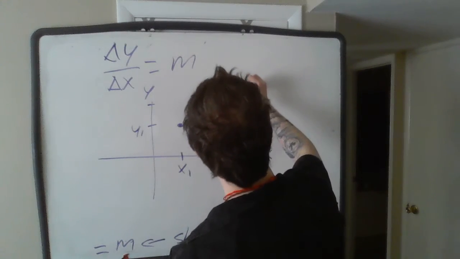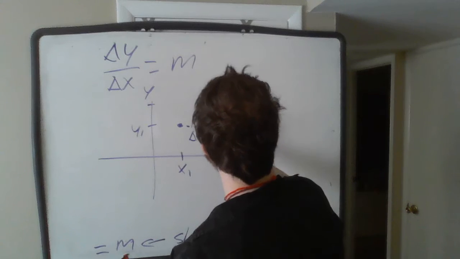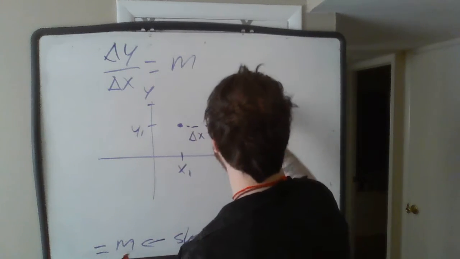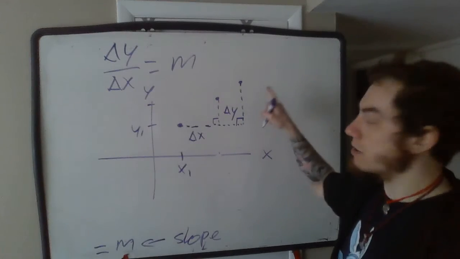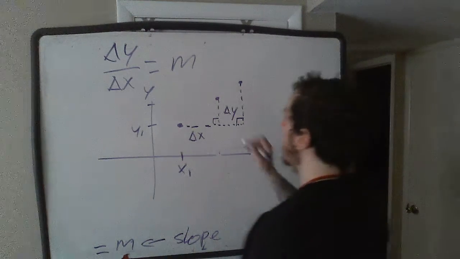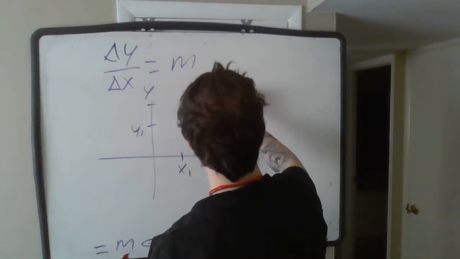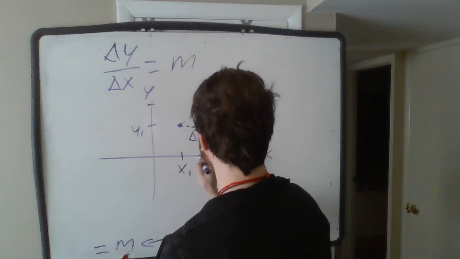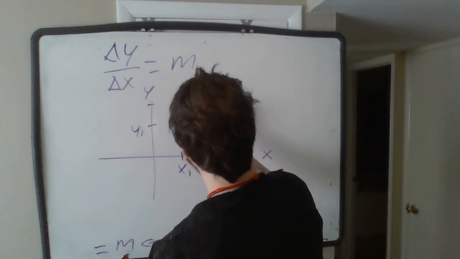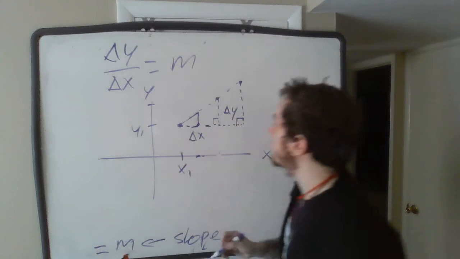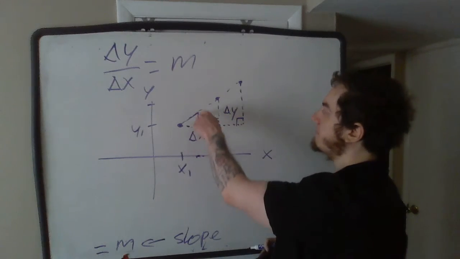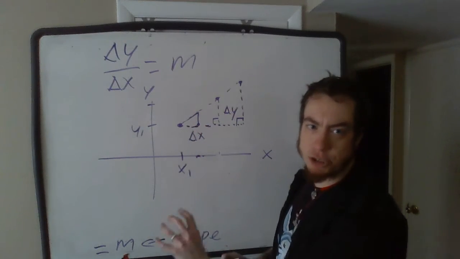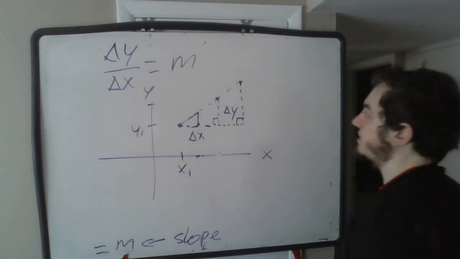So if I came over here, I would have to make a triangle which is a similar triangle. In other words, all the angles in this triangle are the same as the angles in this triangle. If I brought my second point in closer here, once again, I would get a similar triangle, which means that all the sides have the same ratios and all of the angles are the same.